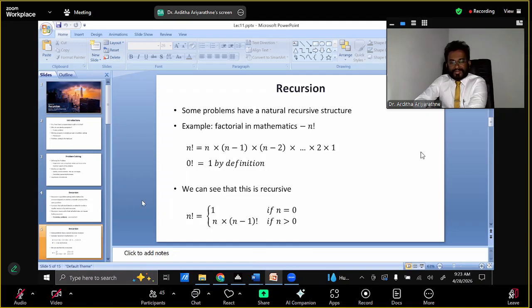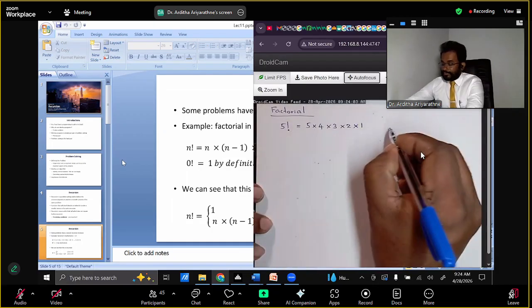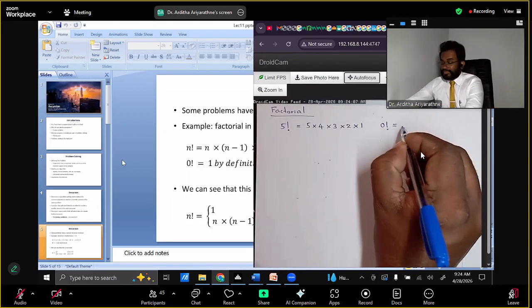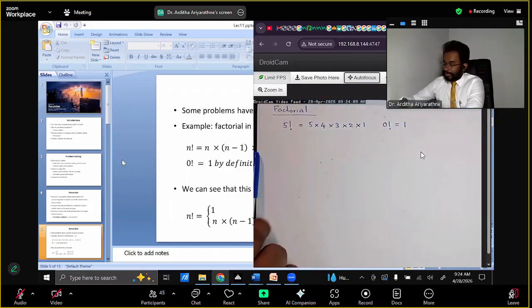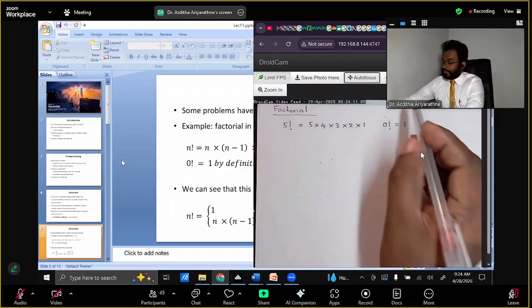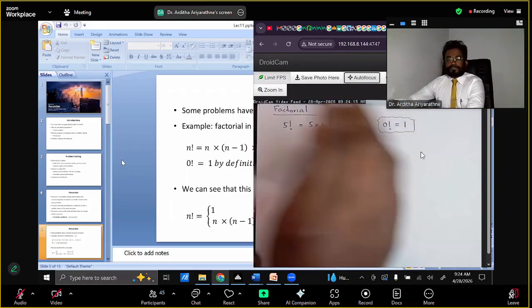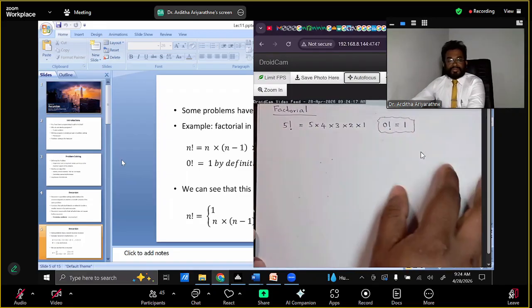But in this case, we need a stopping point. What is the stopping point here? We know that factorial 0 is 1. This is very important for us. Factorial 0 is 1.